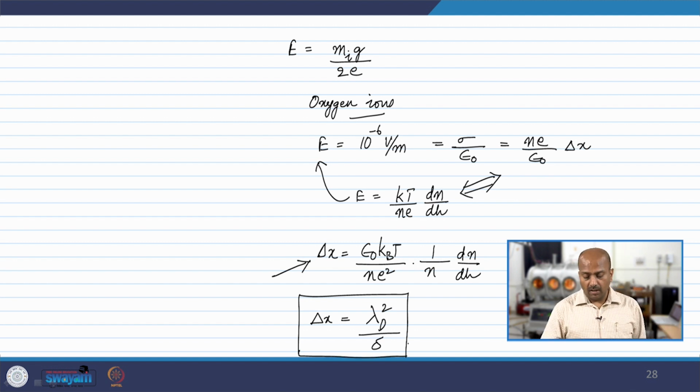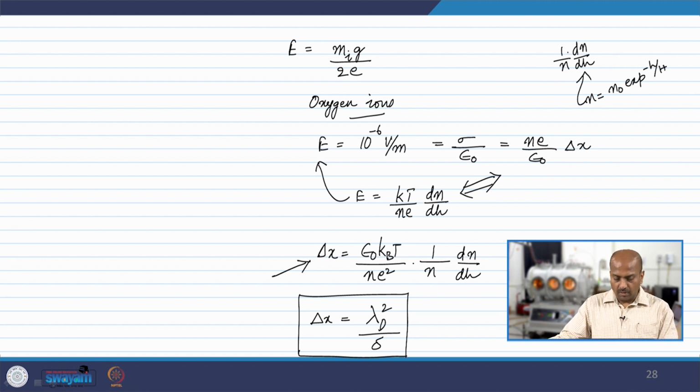What is the distribution height? This one, 1 by N dN by dH. You take N equal to N naught exponential of minus h by H, then take a derivative, and you will realize what the distribution height is, right.